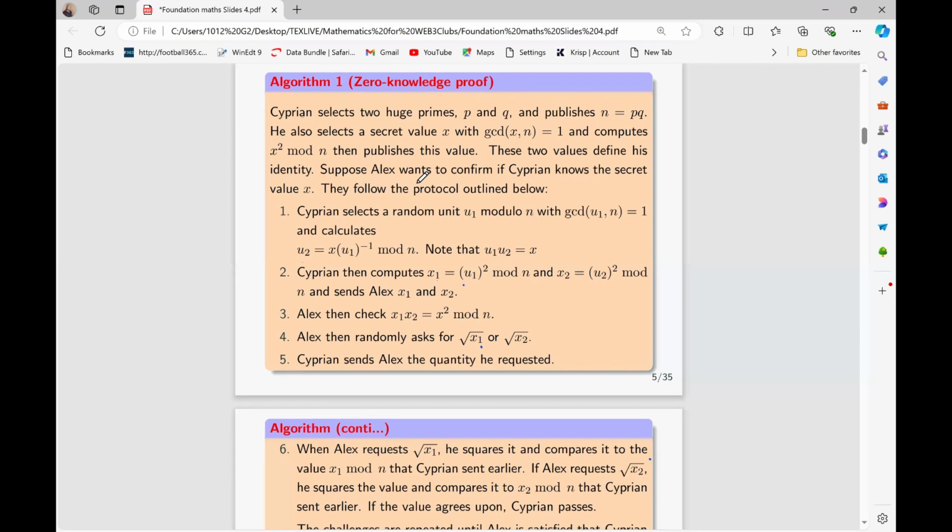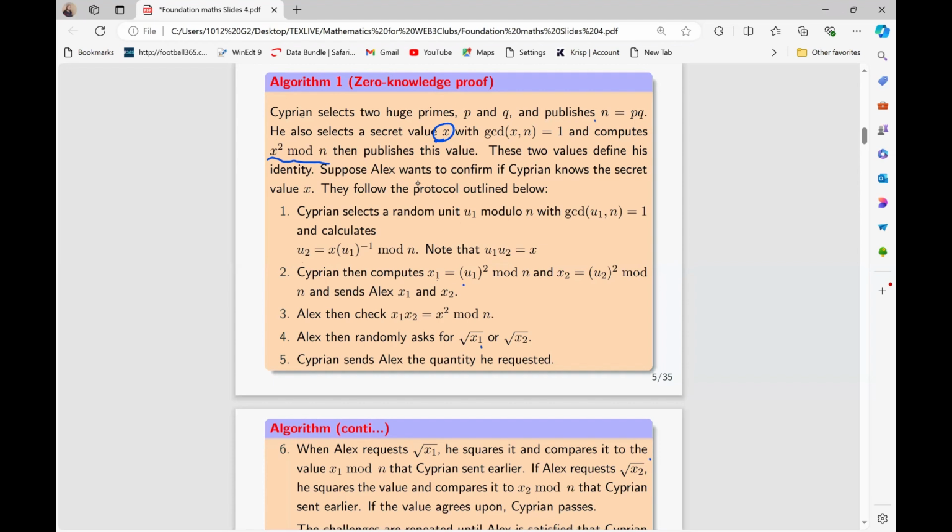So Cyprian has published n. He has also published x squared mod n. But x is his secret. This is the information he will not allow anybody to know.